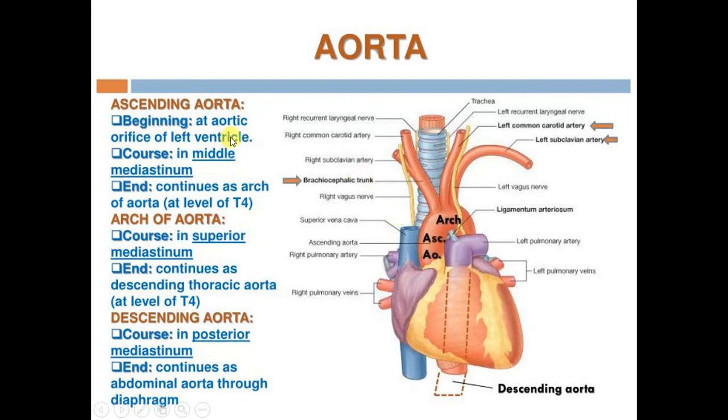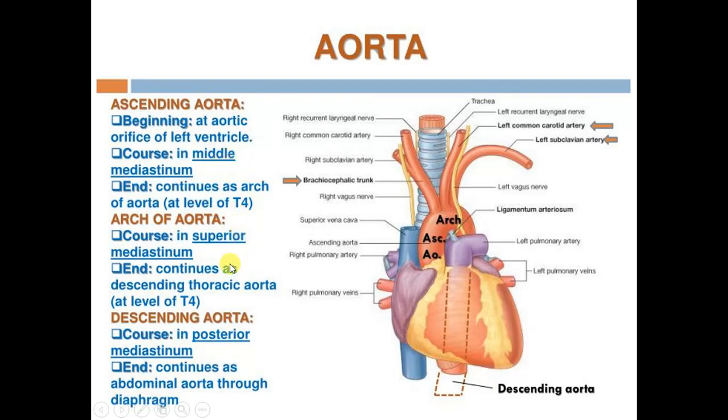The ascending aorta begins at the aortic orifice of the left ventricle, here we can see it starts from here, courses in the middle mediastinum, then continues as the arch of aorta at the level of T4. The ascending aorta is not located in the superior mediastinum, it is below in the middle mediastinum.